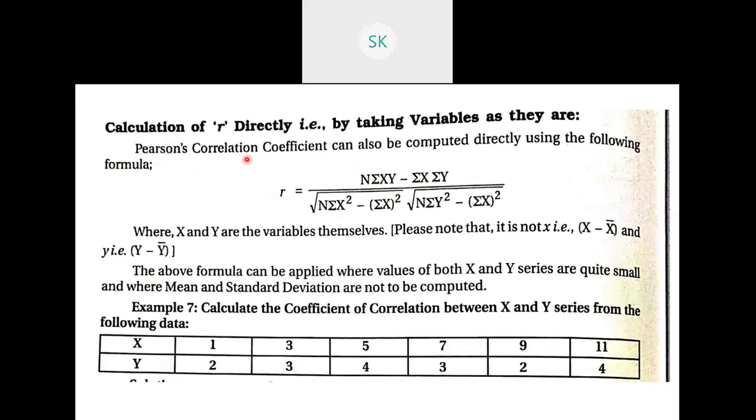Pearson's correlation coefficient can also be computed directly using a formula. The formula will differ a little, that's all.